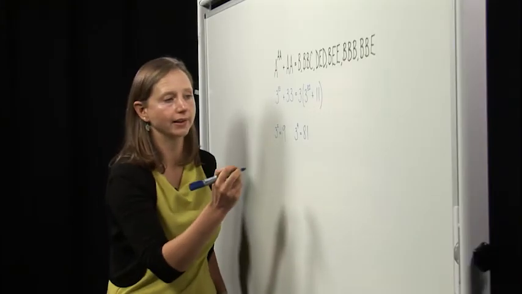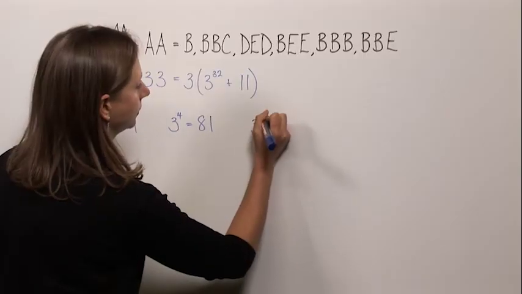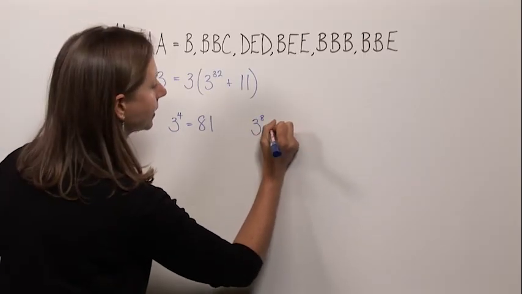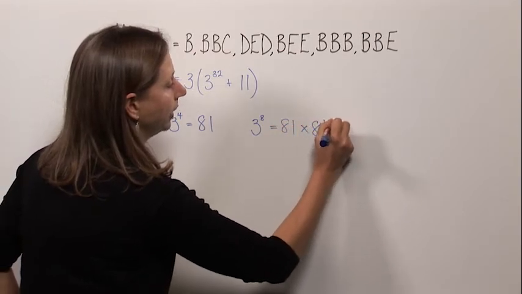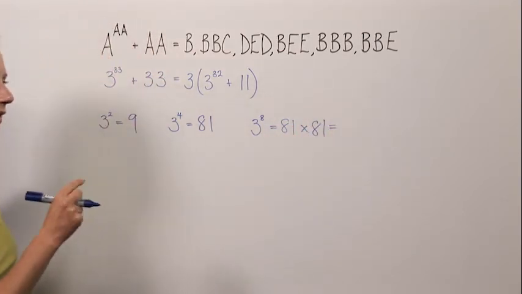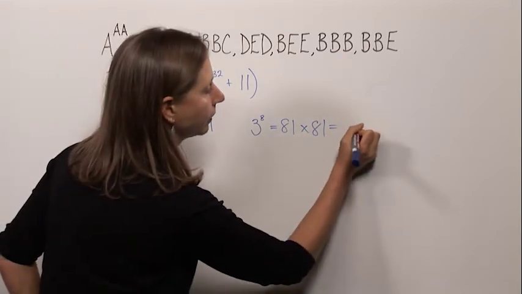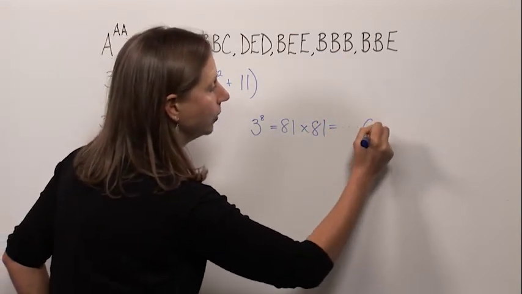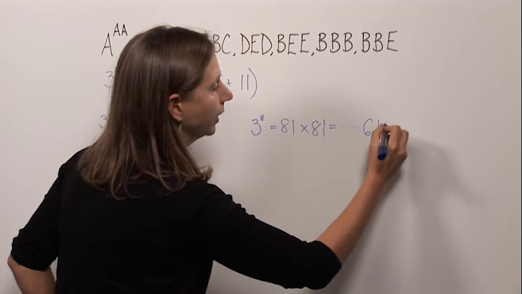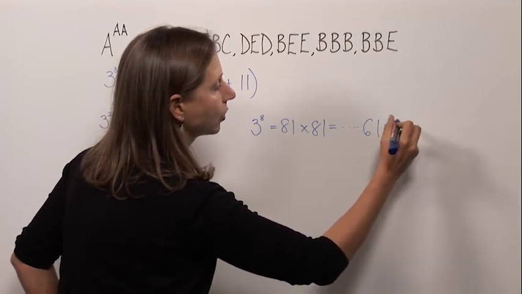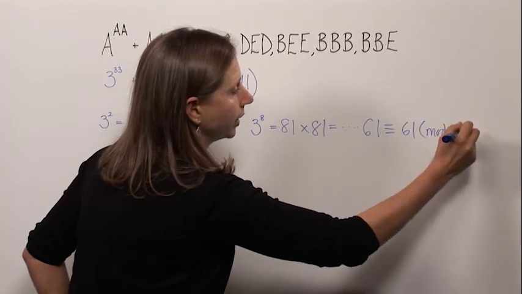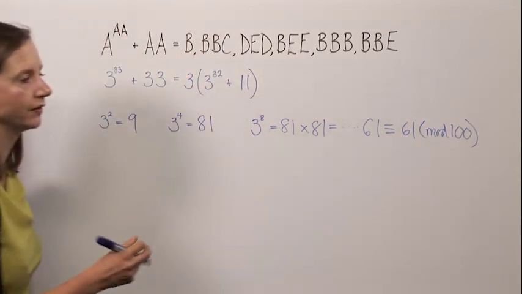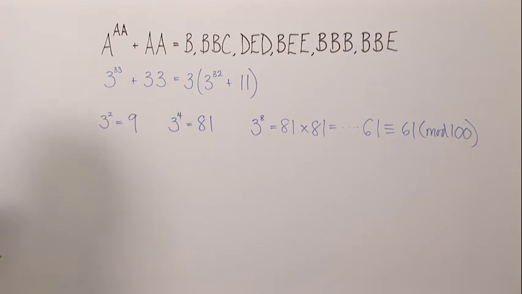And I can square this again, 3 to the 8, which is going to be 81 times 81. Now, because I'm only interested in the last 2 digits, it doesn't matter what happens here, but I know that it finishes with a 6 and a 1. And I can write that it's congruent to 61 mod 100, which means that when I divide by 100, it leaves a remainder of 61.